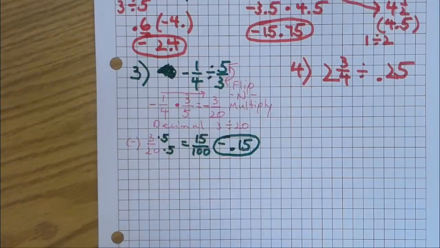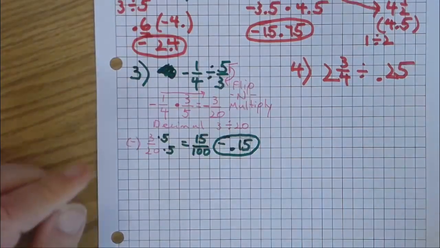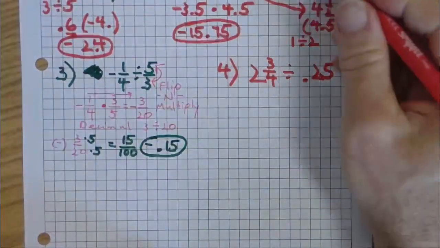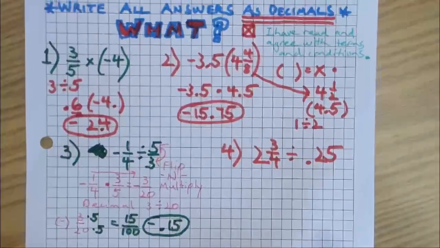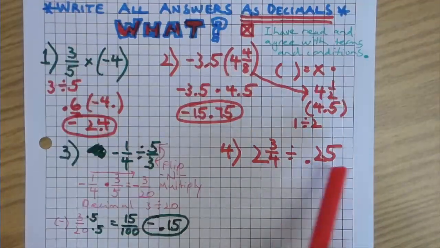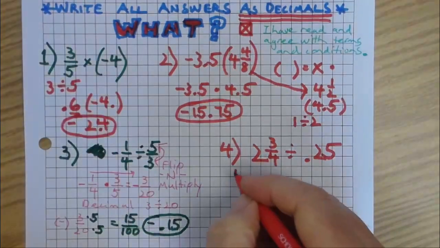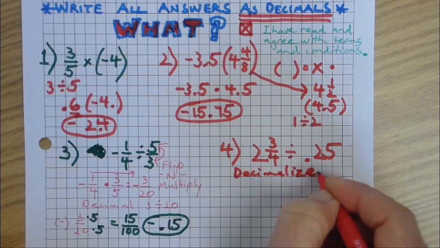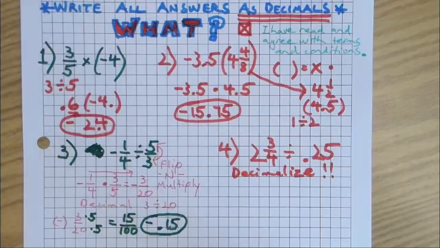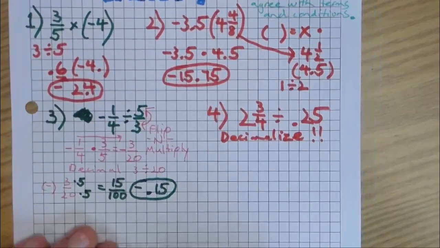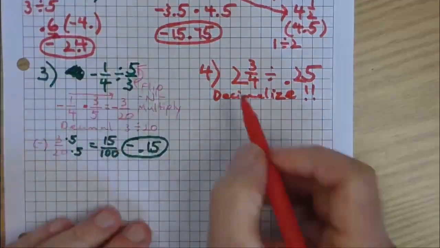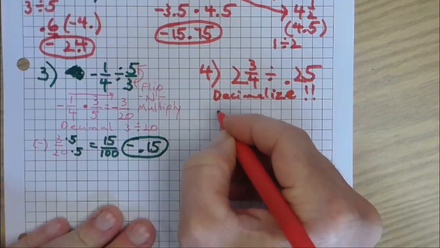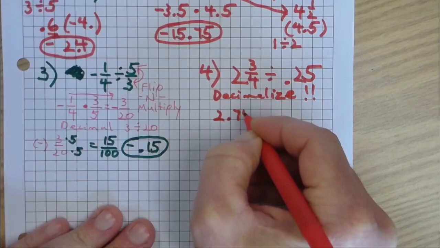And finally, here we go with the last problem. We know the answer needs to be a decimal eventually. We can decimalize it right now, or later, but if you're thinking, hey, that's just 2.75, that's how we say it, right? 2 and 75 hundredths.